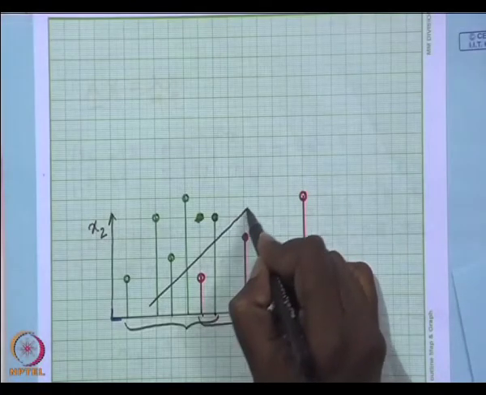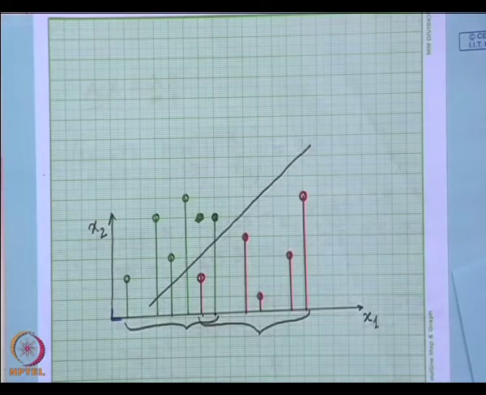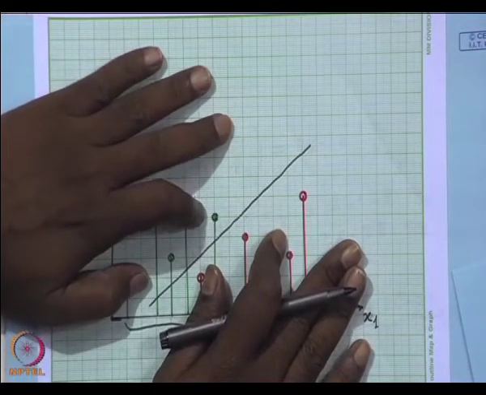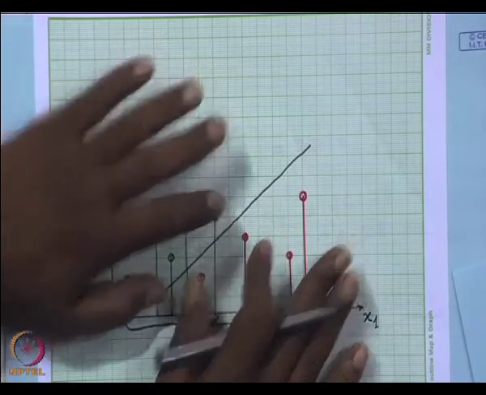Whereas you can clearly see that I can obviously draw a straight line over here, separating the feature vectors in class omega 2 and the feature vectors belonging to class omega 1 by a linear straight line.